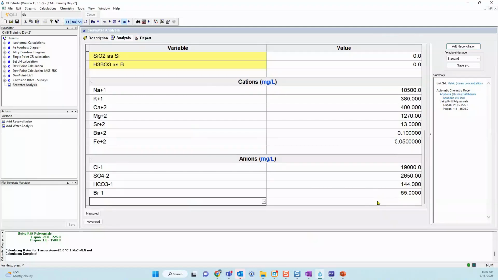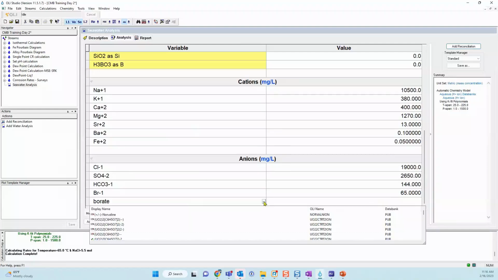The borate ion is a little bit more tricky. But let me see, borate. If I put borate ion, no, it will not help me with the borate like that. But I know that it's boron, so let's see, boron. And I know that it's the borate, so it's BOH.